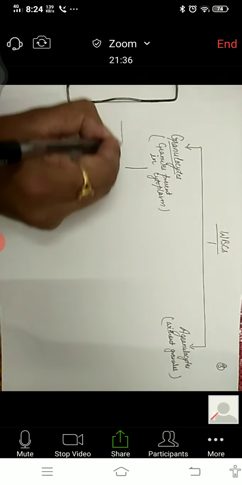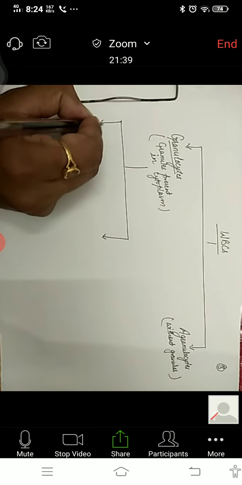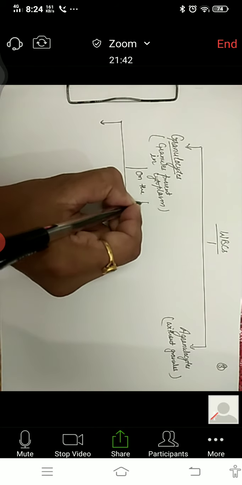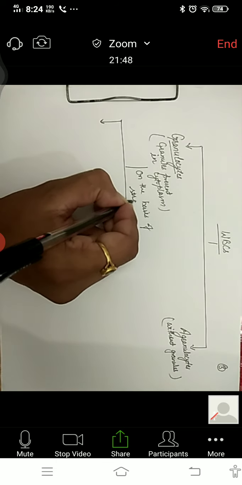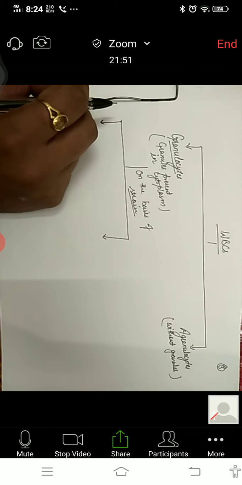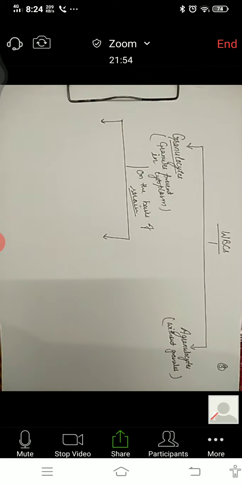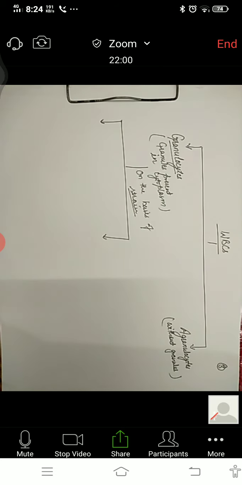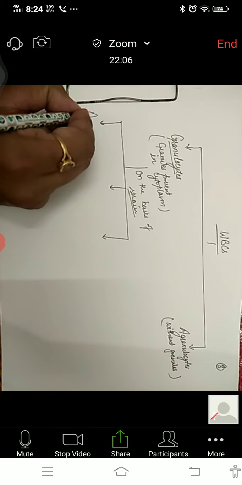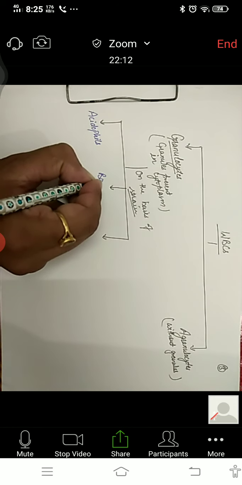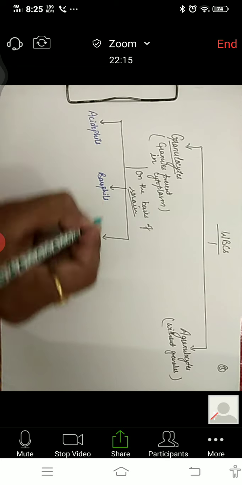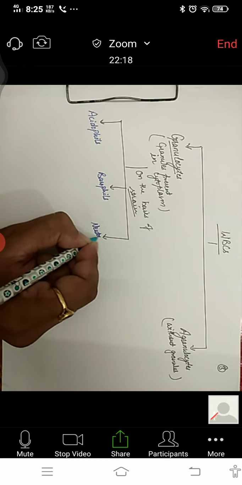Now they are categorized on the basis of stain. Guys, a stain is a chemical or a color which helps us to distinguish different kinds of cells: acidophils, basophils, neutrophils.